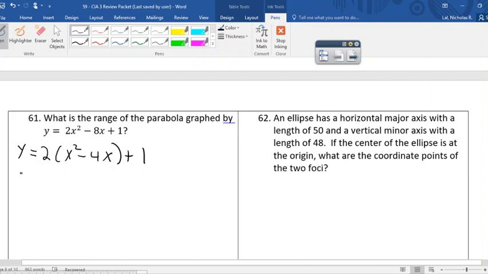Now, after that, we can complete the square. So we have x squared minus 4x. We're going to complete the square. So y is equal to 2 times x squared minus 4x plus 4.